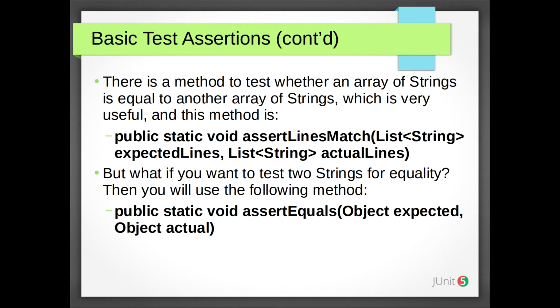But what if you want to test two strings for equality? Then you will use the following method. We already saw this method, but please write it out to reinforce it. Public static void assertEquals(Object expected, Object actual).